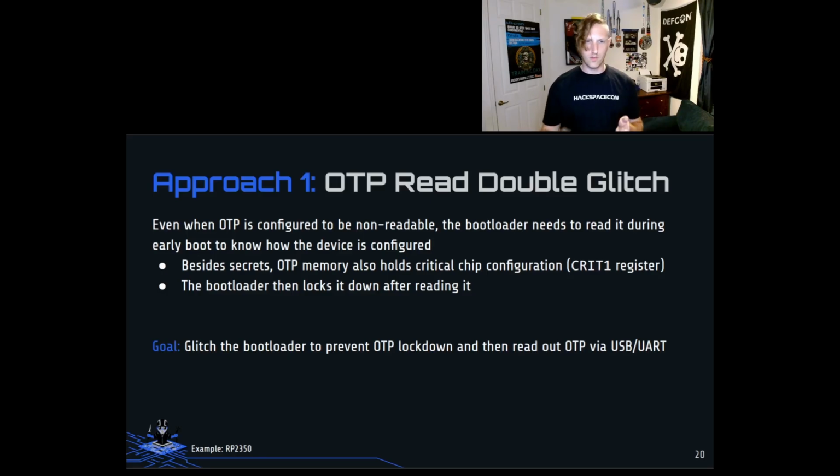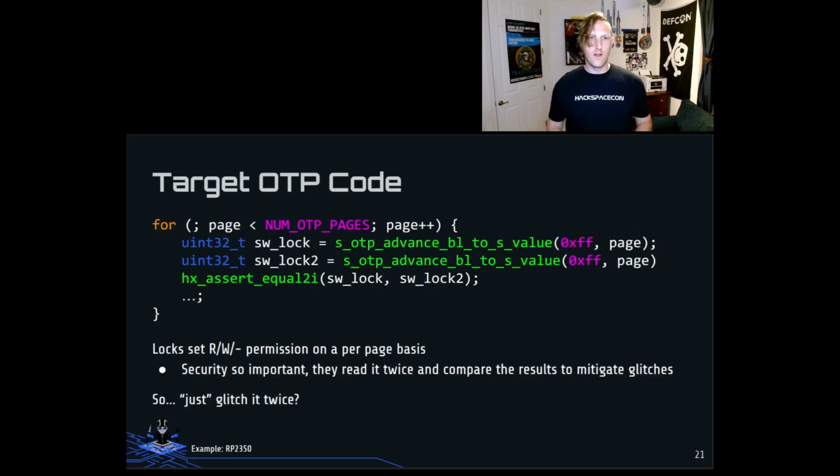After preventing that lockdown, when we get to our code, hopefully we can read it out via USB or UART. We're going to look at the target code here. This code has a few interesting functions.